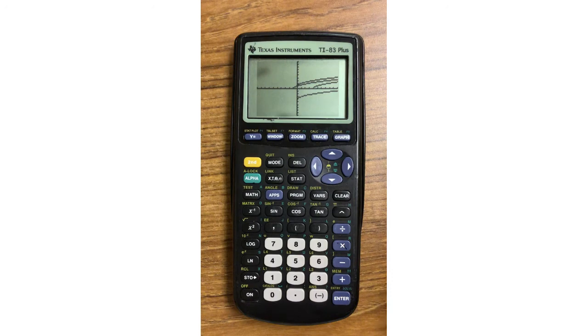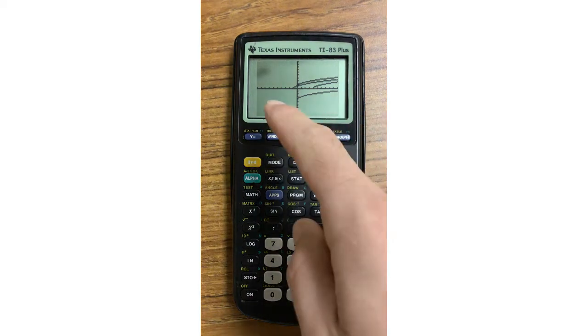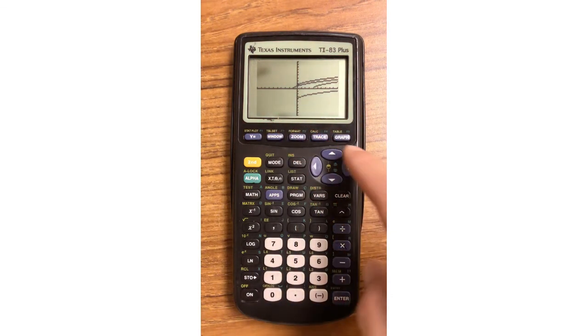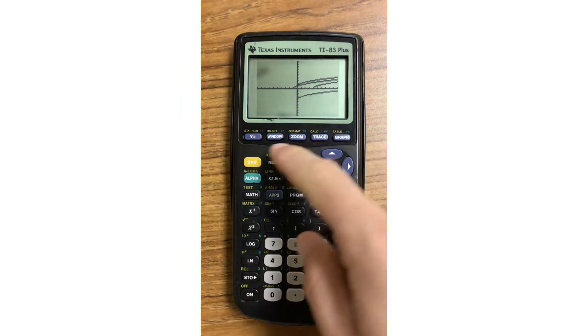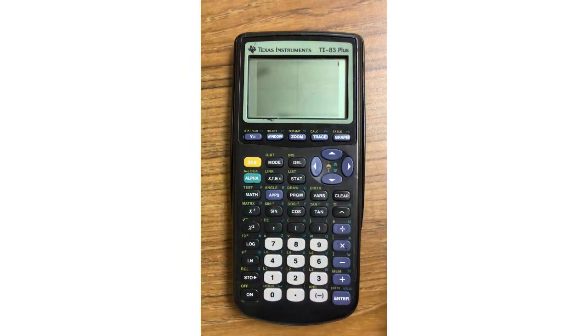So let's take a look at these graphs. Okay, we have all 4 of them in here, and just take a look at the shape. It looks like almost half of a parabola. And the reason why we don't have the other half is because negative values wouldn't be able to exist.